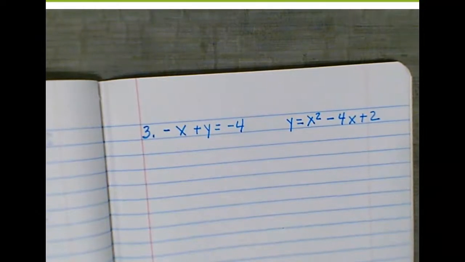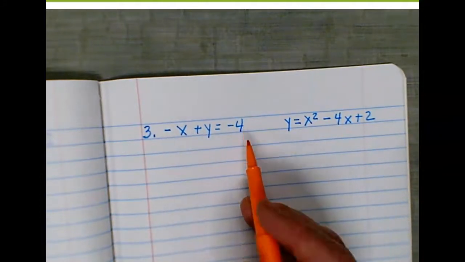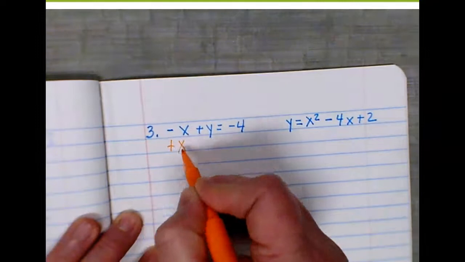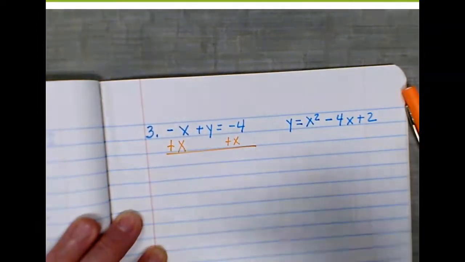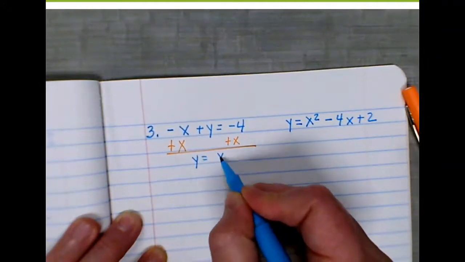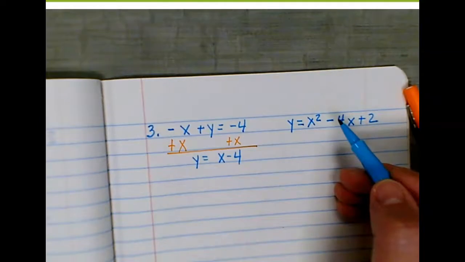So I need them both to be equal to y so that I can put them equal to each other. Is this one equal to y? So the first thing I'm going to do is add x to both sides. Now are they both equal to y?